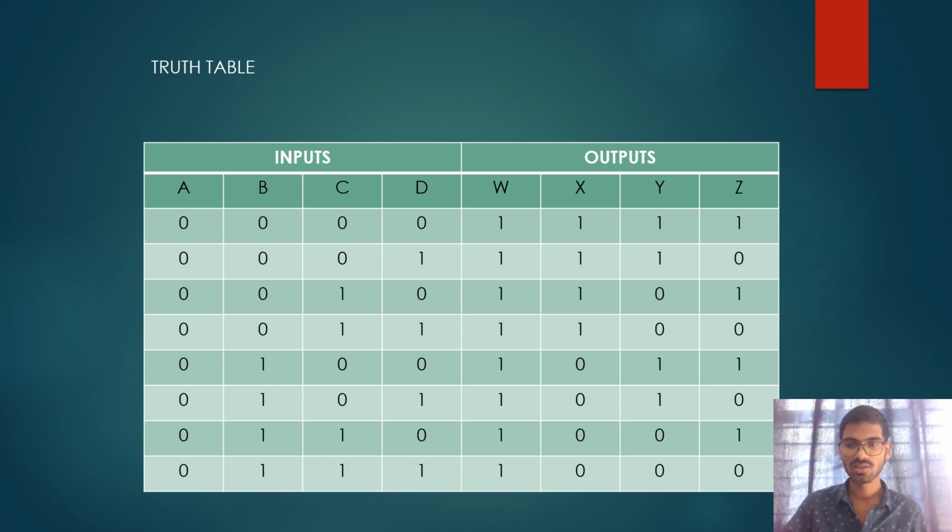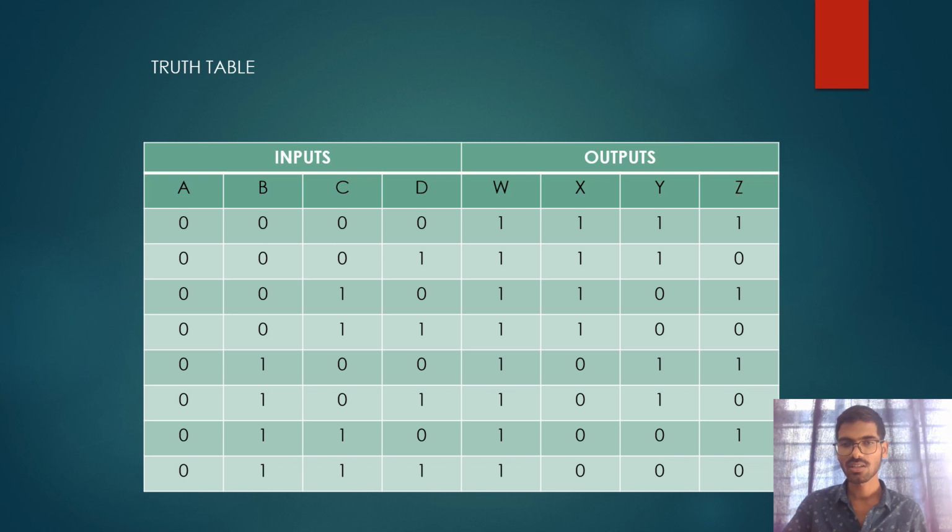First is 0000. If we flip each bit, 0 becomes 1, so we get 1111. For 0001, we get 1110. For 0010, we get 1101. Similarly, for 0011, we flip the first 2 bits and the next 2 bits, and we get 1100.